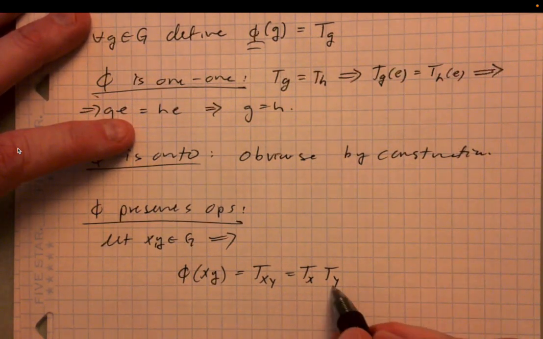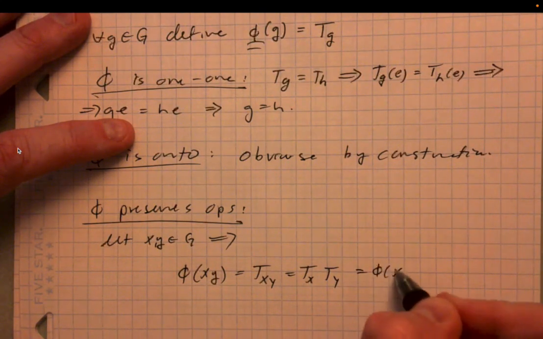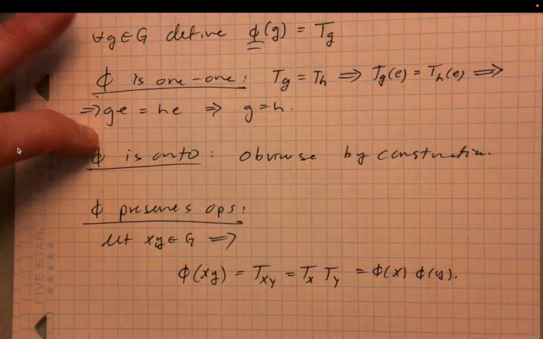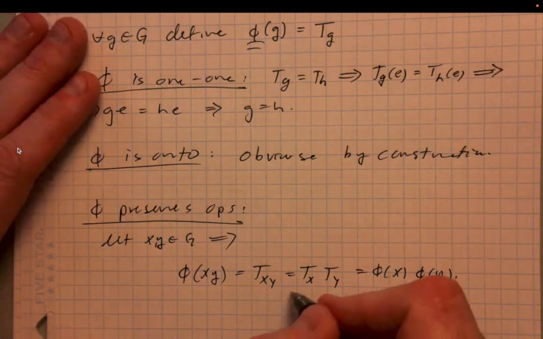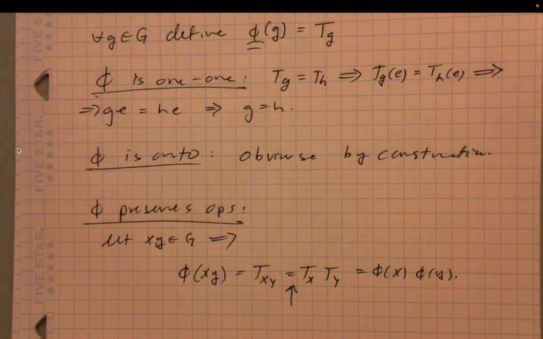And this is just phi of x times phi of y. Make sure you see why this is okay. Spend a minute on that one. Actually plug in values and confirm that it does come apart like that.